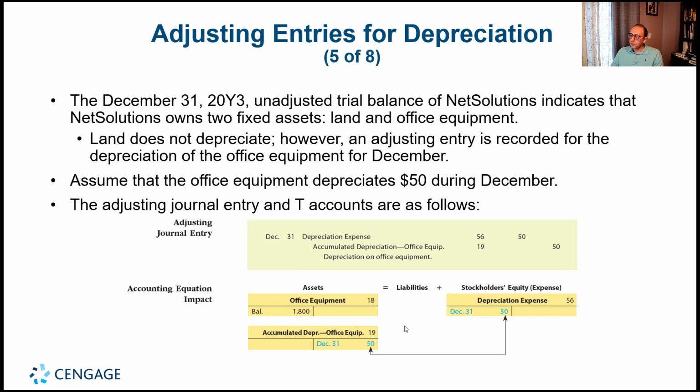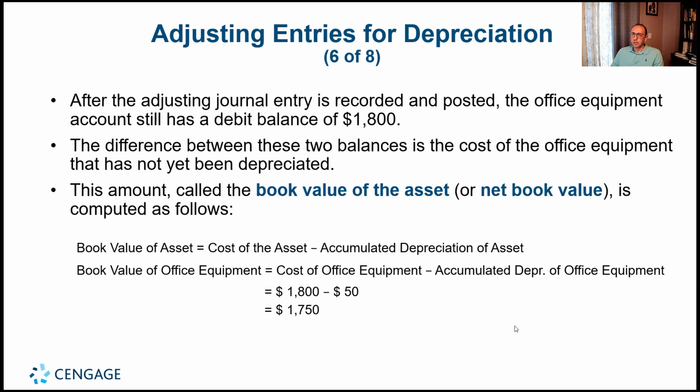So you can see that the office equipment as an asset has not changed. We kept it at $1,800. We would not touch the value. But we create a new account called accumulated depreciation and we credit it for $50. And under expenses, we're going to record depreciation expense for $50. So after the adjusting entry is recorded and posted, the office equipment account still has a debit balance of $1,800.